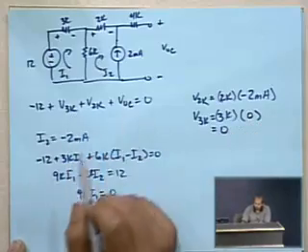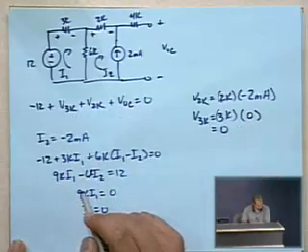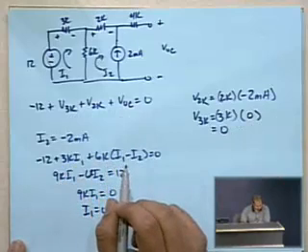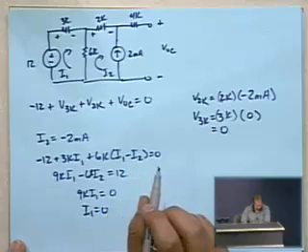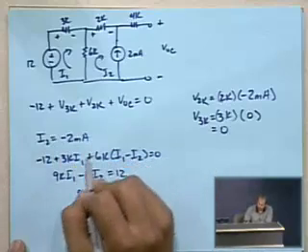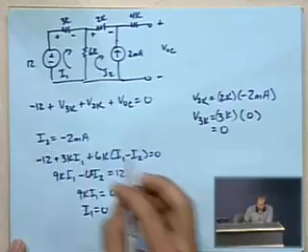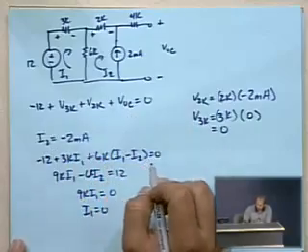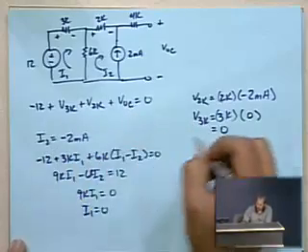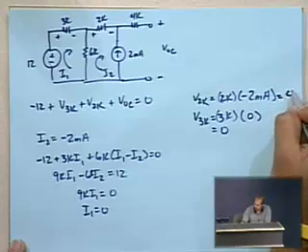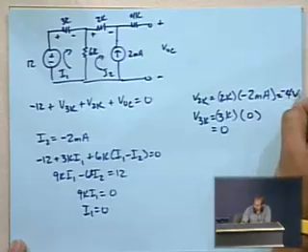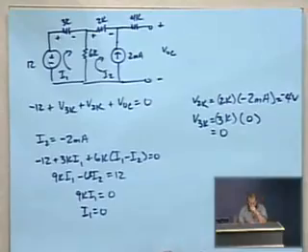So let's solve all of this appropriately. And what we should get is that we can take these two numbers. We got negative 4 volts across the 2K resistor.